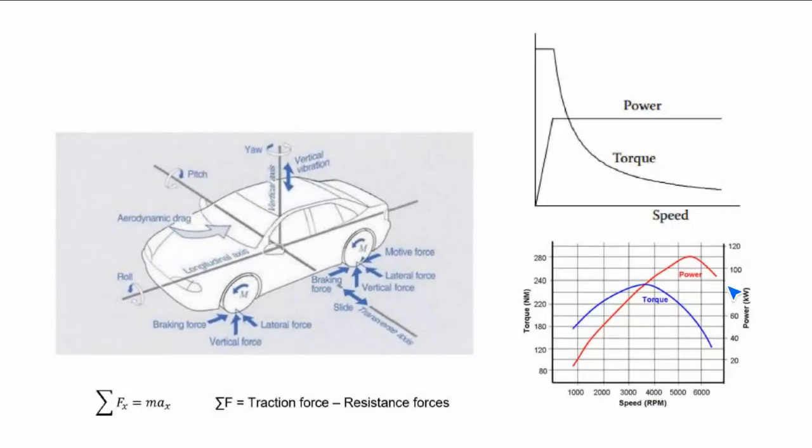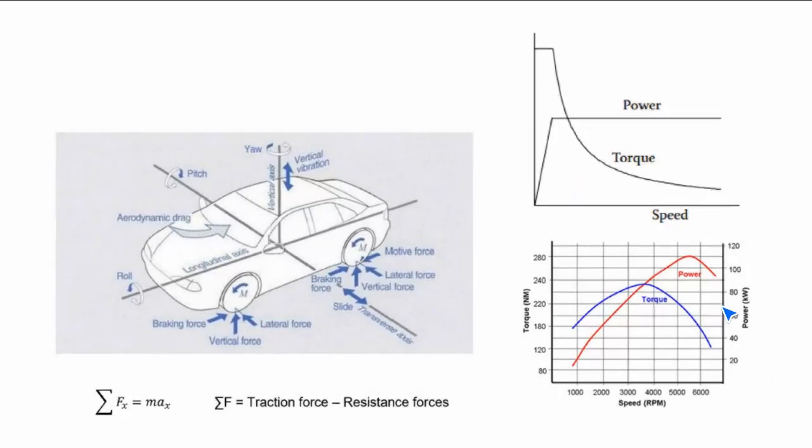You can see this is the ICE engine, this is the electric motor. Their characteristics are very different. So, why is it important? Because vehicle driver behavior, also powertrain behavior will be changed at this position.